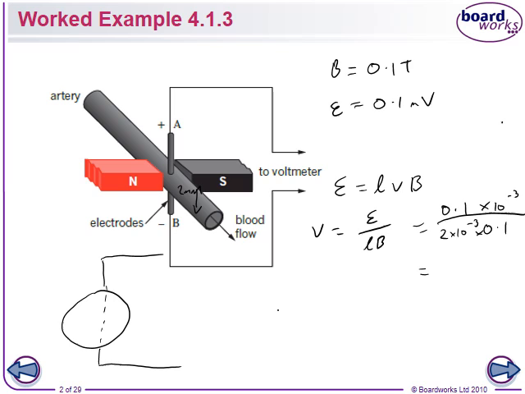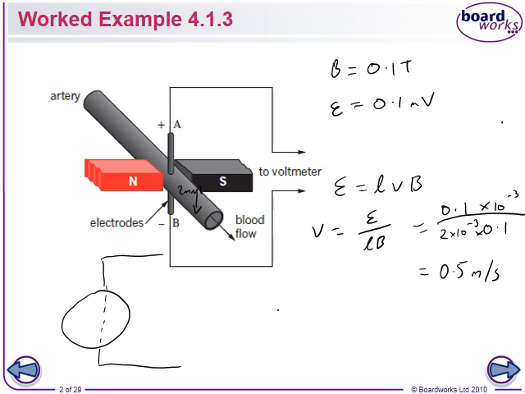All right, hang on. Not that I don't trust you guys, but I'm not paid to trust you. 2 times 10 to the negative 3 times 0.1, and I get 0.5. Yep.